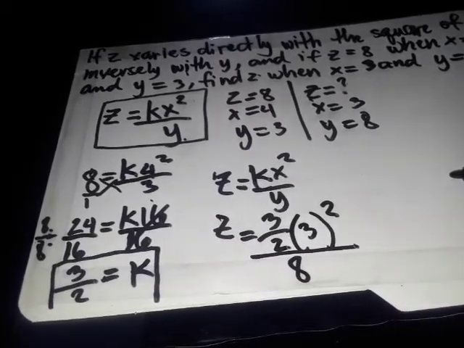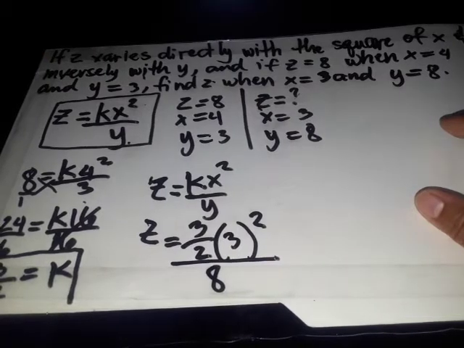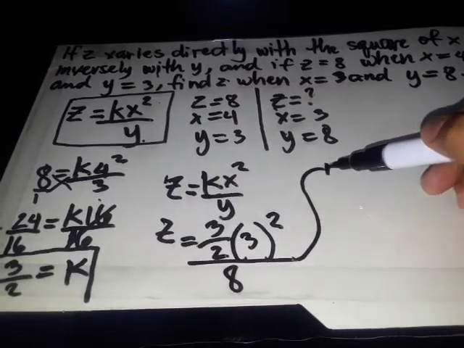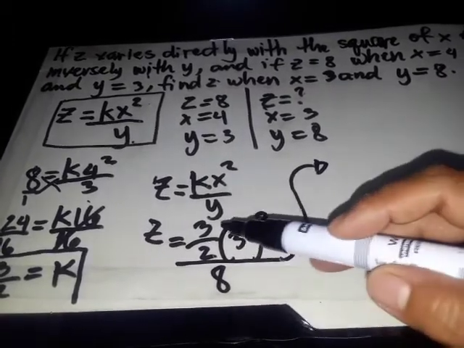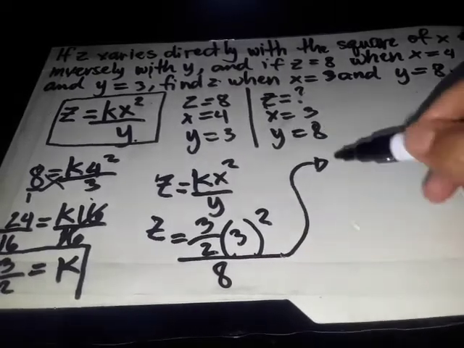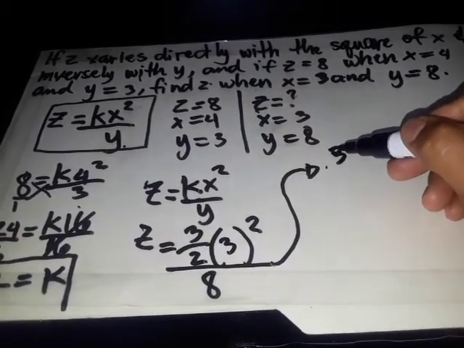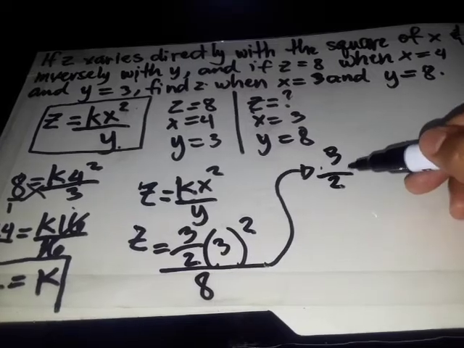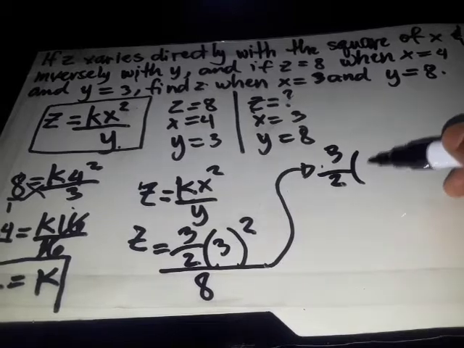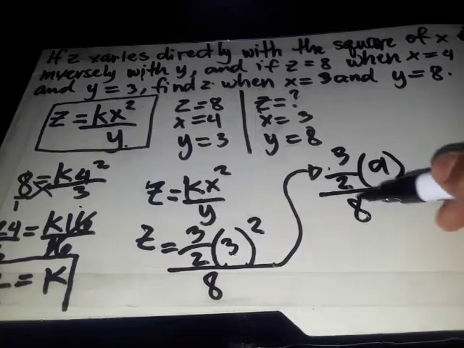Okay. So, of course, dito, kailangan i-apply natin ang order of operation. So, balik tayo sa taas. Kasi wala na tayong space. Unahin muna natin ang 3 squared. PEMDAS or GEMDAS. Okay? Order of operation. So, we have 3 halves multiplied by, ang 3 squared ay 3 times 3 is equal to 9 all over 8.